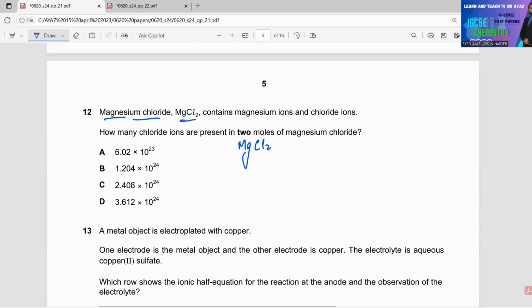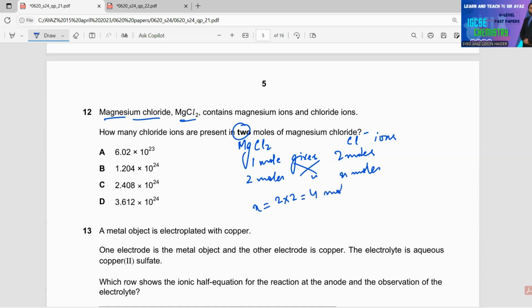So 1 mole of MgCl2 gives 2 moles of Cl minus ions. They are saying 2 moles, therefore 2 moles give X moles of Cl minus ions. So X becomes 2 multiplied by 2, which is 4 moles of Cl minus ions.